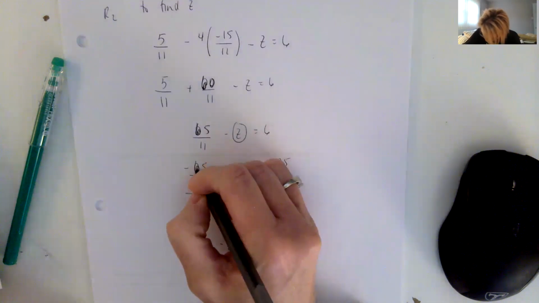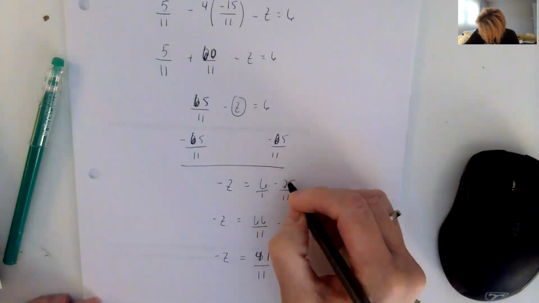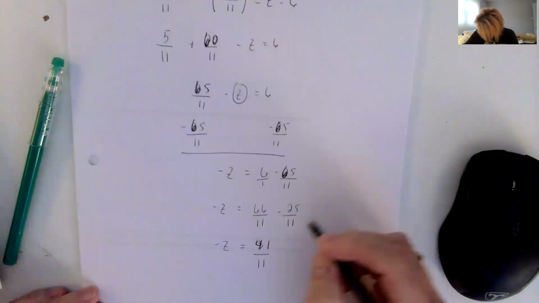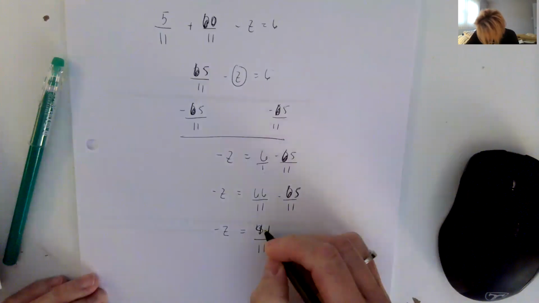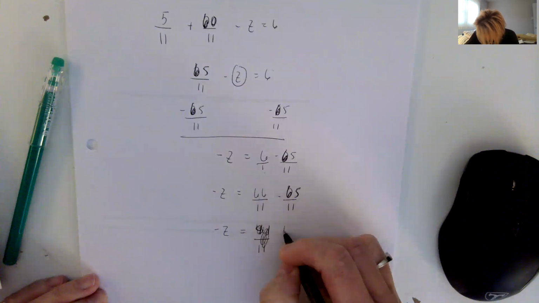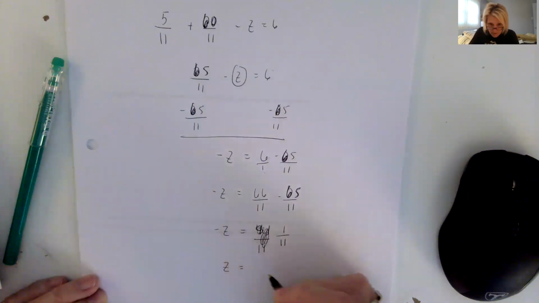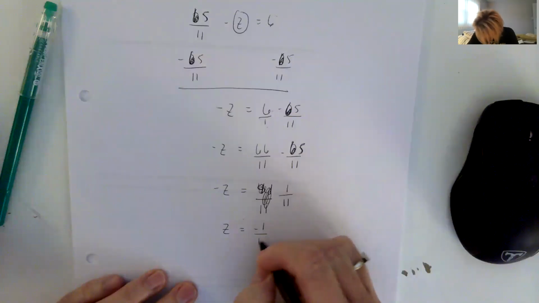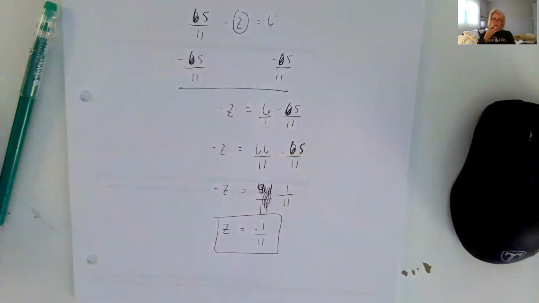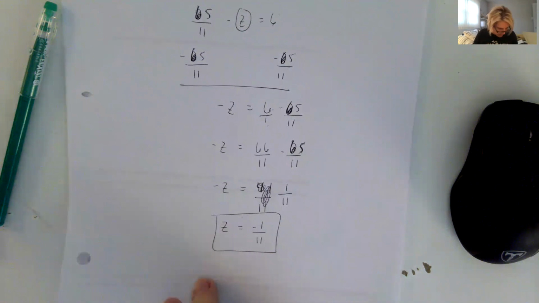So we're subtracting 65/11, and we're left with a positive 1/11. But we don't want a negative z, we want a positive z, so we have to divide by a negative, and we end up with z is a negative 1/11, which is what we thought. Woo! Number 8 was a toughie.